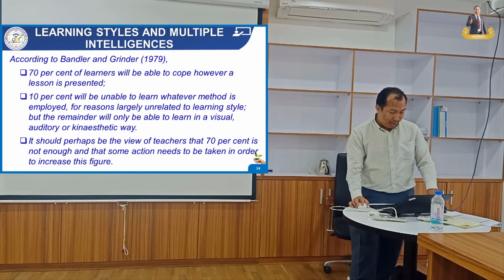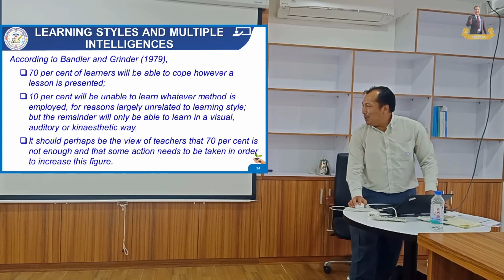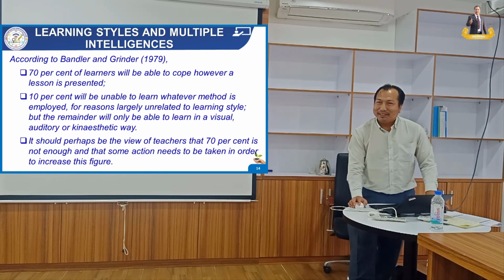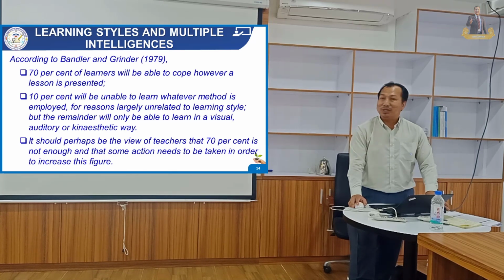It should perhaps be the view of the teacher that 70% is not enough, and that some action needs to be taken in order to increase this figure. This is where the teacher may take action or try to do something.